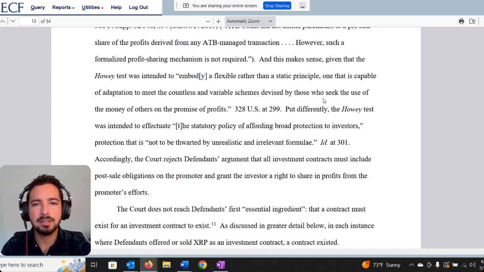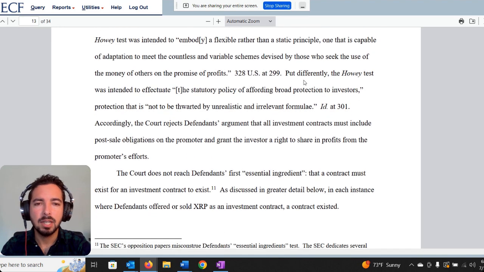So again, that's just more flowery language saying that, hey, this test is not supposed to be very rigid. It's supposed to be very flexible. "Put differently, the Howey test was intended to effectuate the statutory policy of affording broad protection to investors, protection that is not to be thwarted by unrealistic and irrelevant formulae."